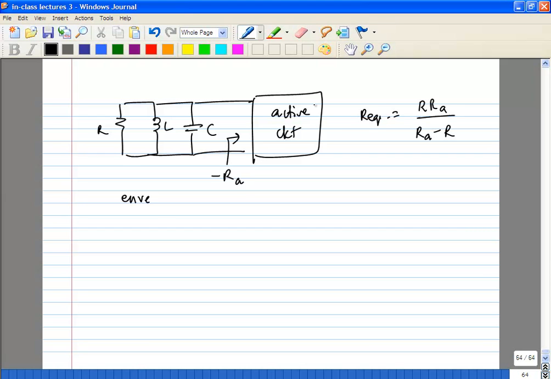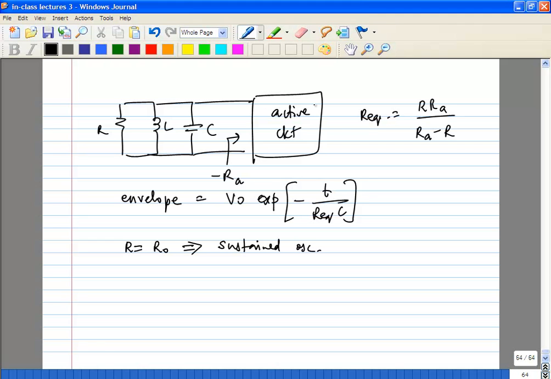Now the envelope will be V naught e power minus t by R equivalent times C. Obviously R equals RA means you have sustained oscillations.